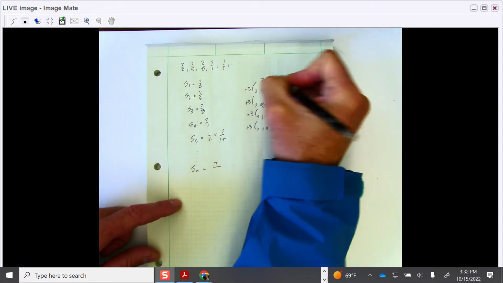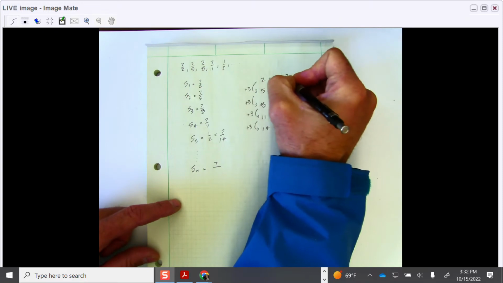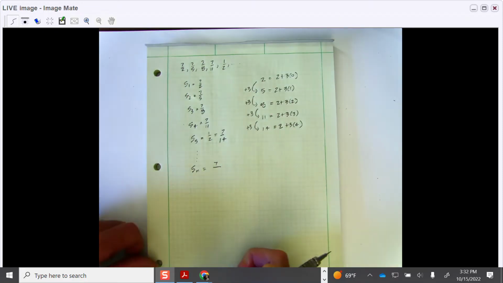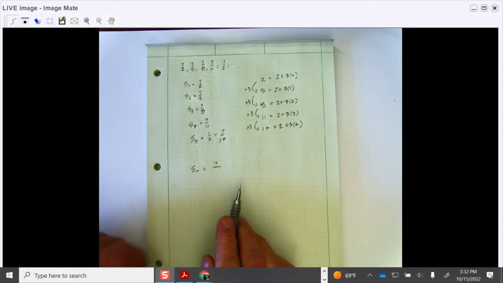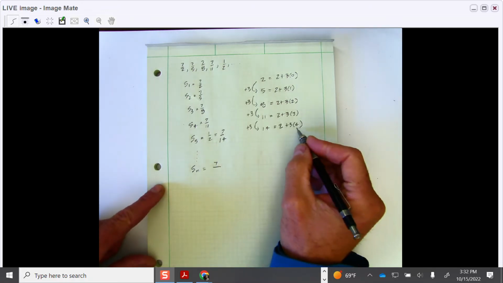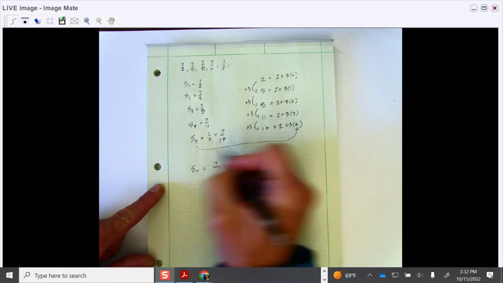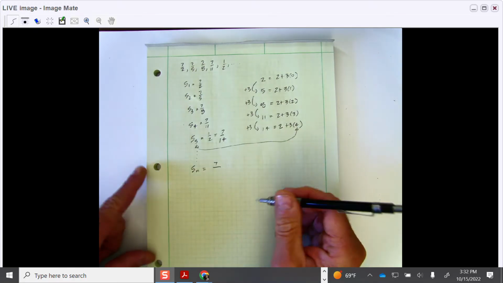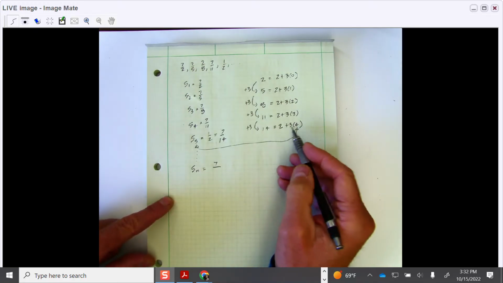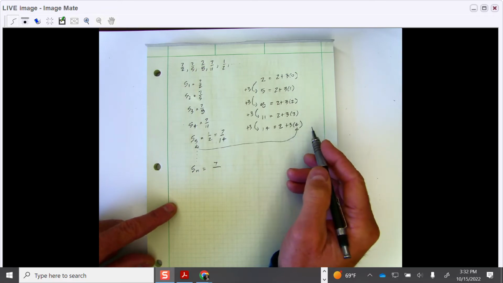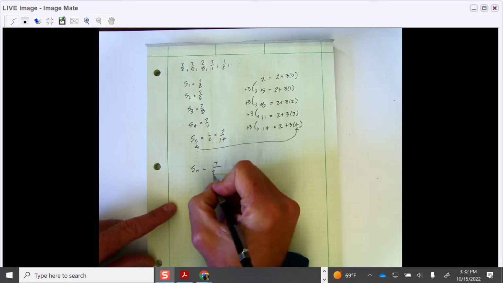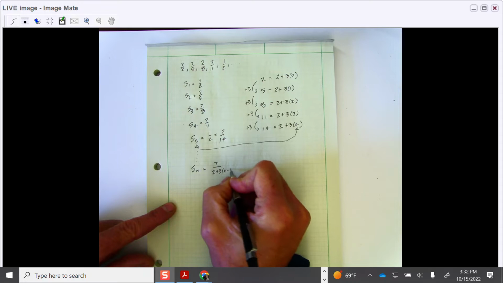So that means 2 can be written as 2 plus 3 0 times. And I think we've gotten our answer here. If 4 and 5 are related by a difference of 1, it looks like it's 2 plus 3 times n minus 1.